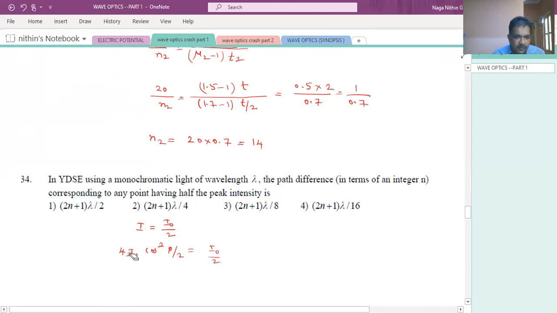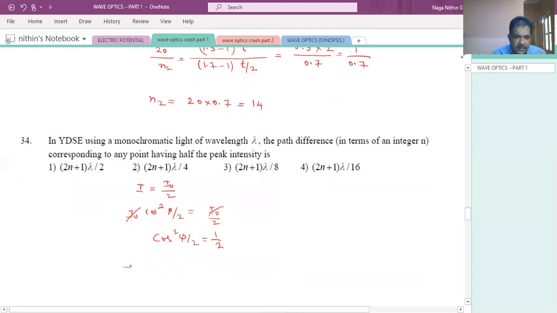This is only 4 I naught, not 4. So I naught will cancel. Cos square phi by 2 is equal to 1 by 2. So cos phi by 2 is 1 by root 2, cos 45 degrees.